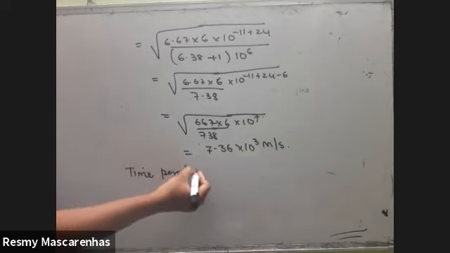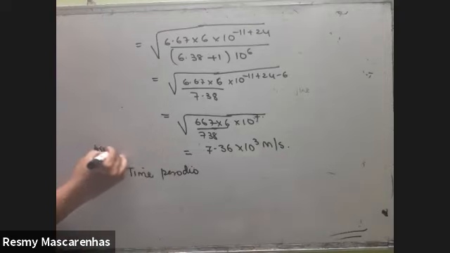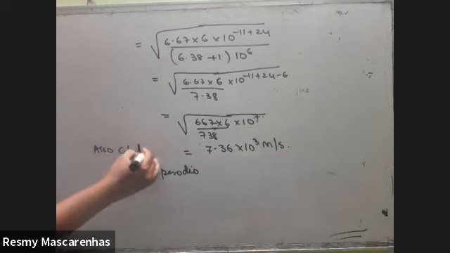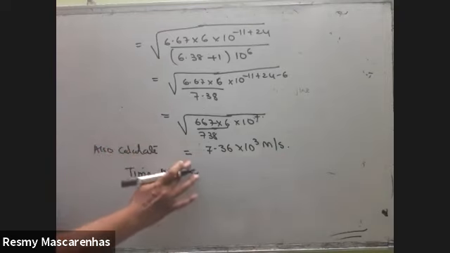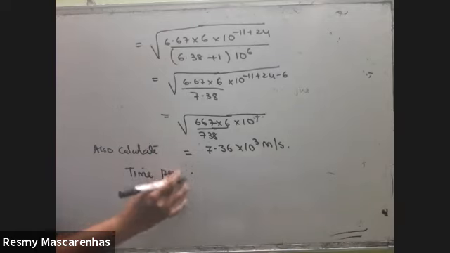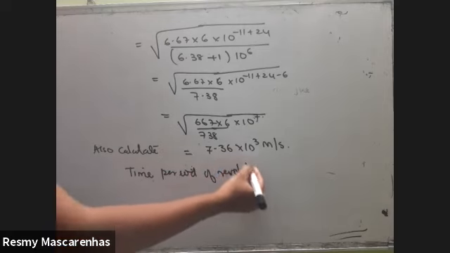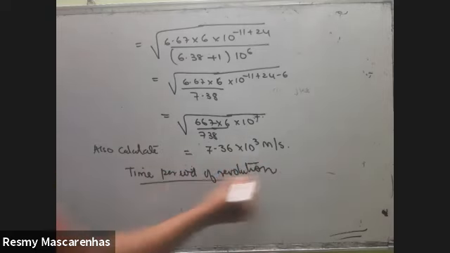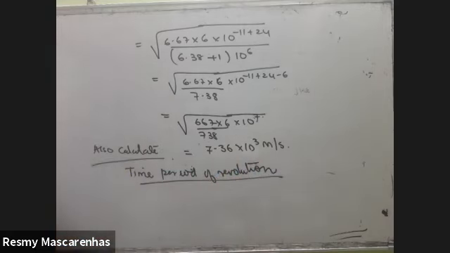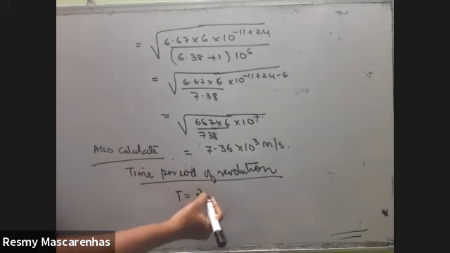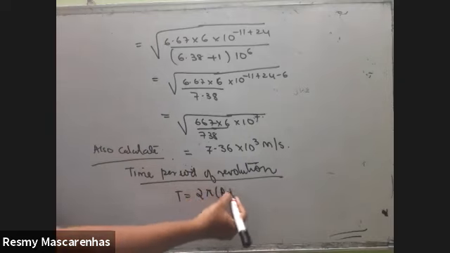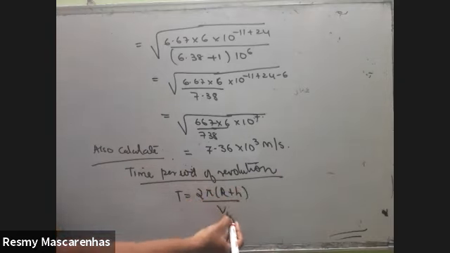Suppose if you are asked to also calculate the time period of revolution. The formula is, suppose you want to calculate the time, 2 pi r upon orbital velocity.